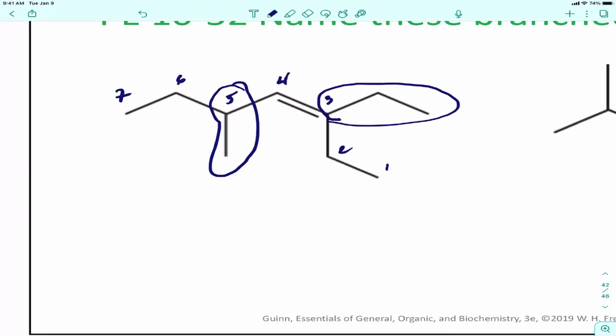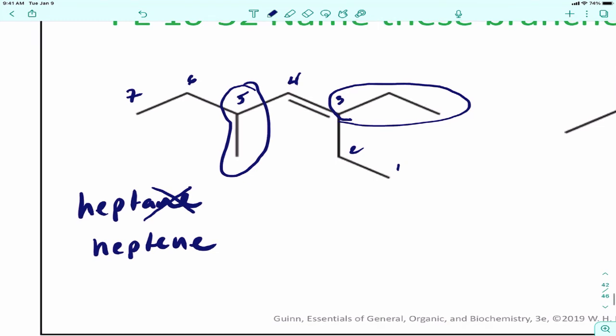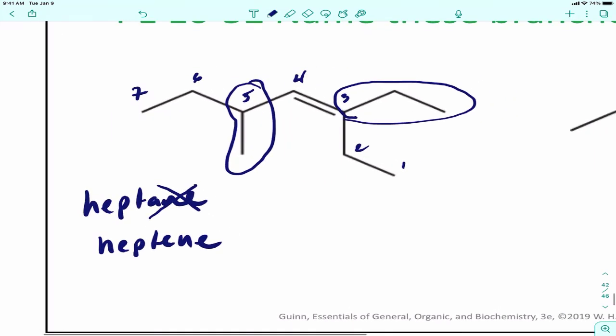So 7 carbons should be heptane. But we need to name this as an alkene, so we replace the ending with heptene. And it looks like that double bond is occurring between carbons 3 and 4, so that should be 3-heptene.